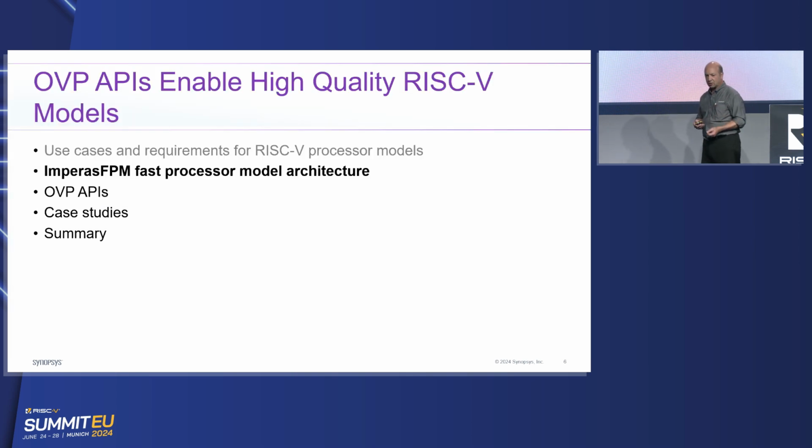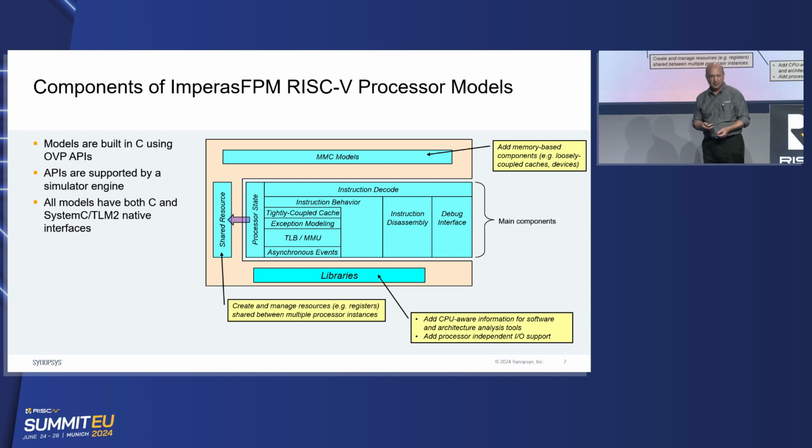So on to the model architecture. The Imperas FPM, fast processor model, RISC-V processor models. We've got a block diagram here. It looks just like your processor. We've got all the architectural elements in that processor. These models are built in C using those OVP APIs.